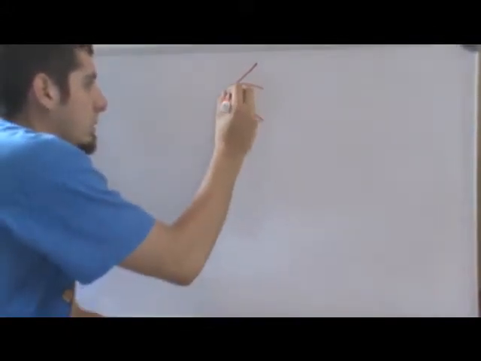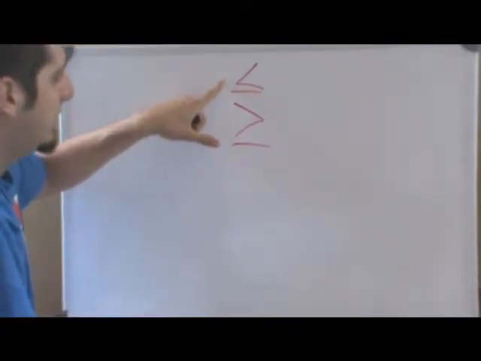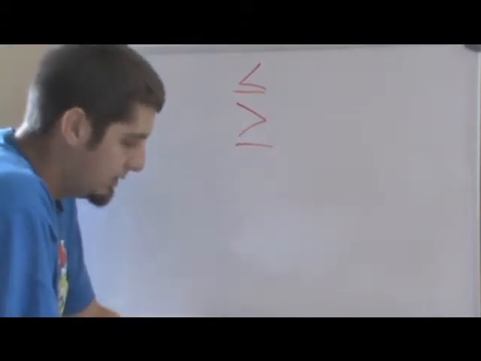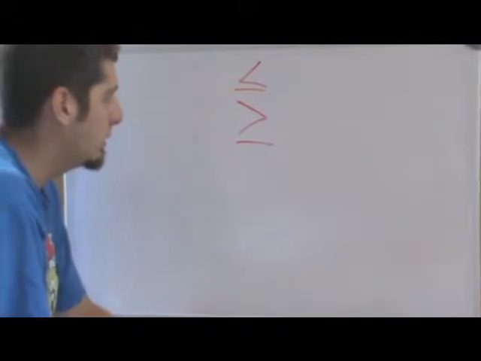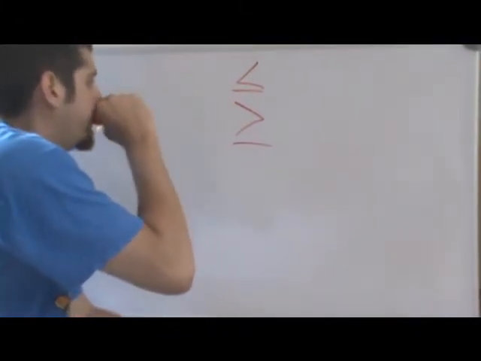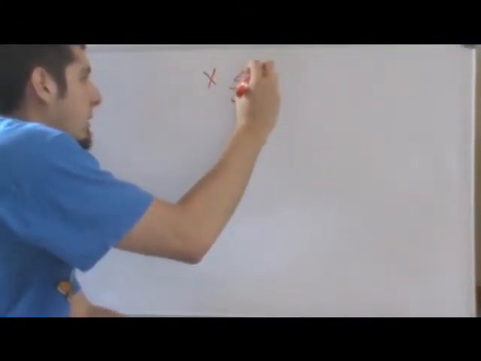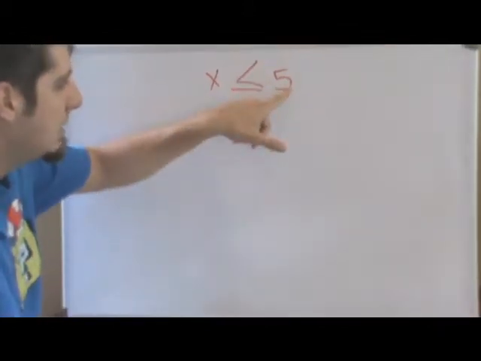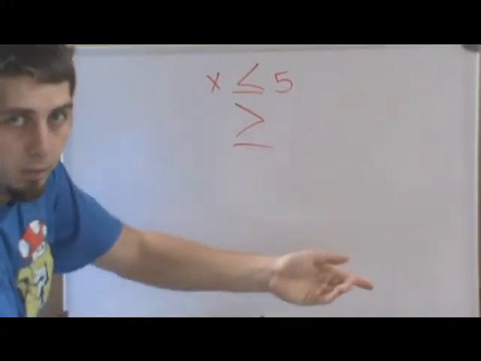Now if you see a little line underneath them, it becomes less than or equal to, or greater than or equal to. So what's the difference there? If it's greater than or equal to, so for example, if x is greater than or equal to 5, x can be 5 or bigger.